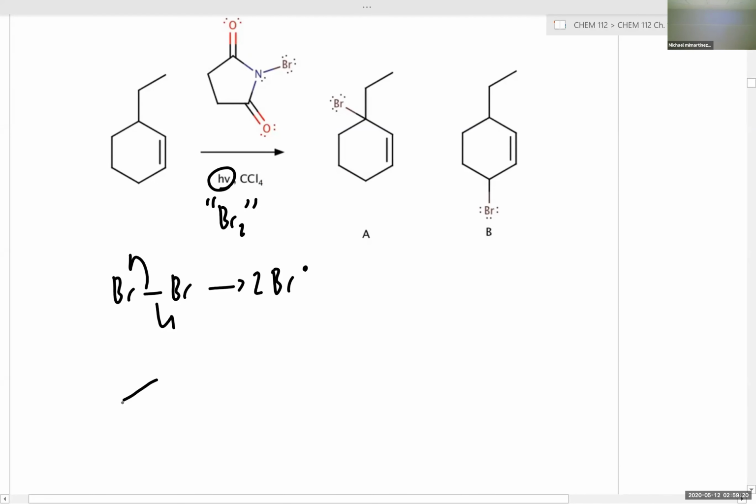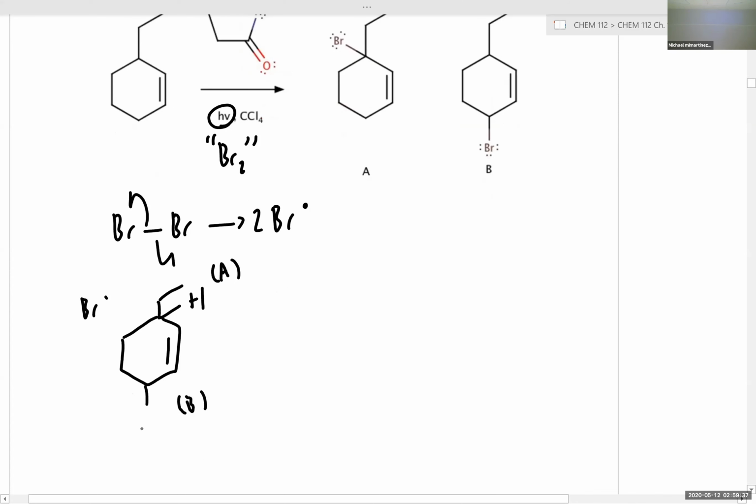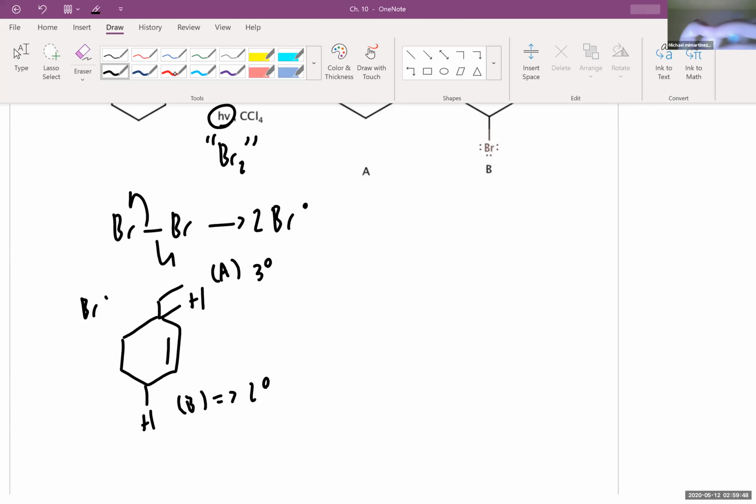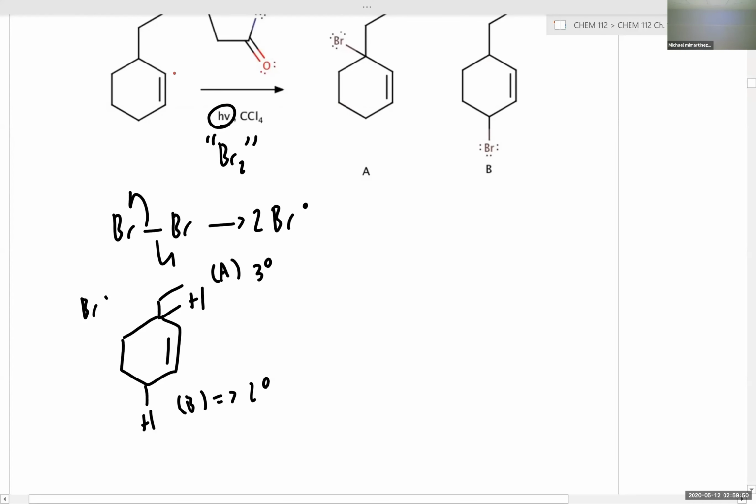Okay, now after initiation, our bromine radical has a choice. It can either abstract hydrogen A or B. Which radical is more stable? B would lead to a secondary allylic, while A would lead to a tertiary allylic. Which radical is more stable, A or B?